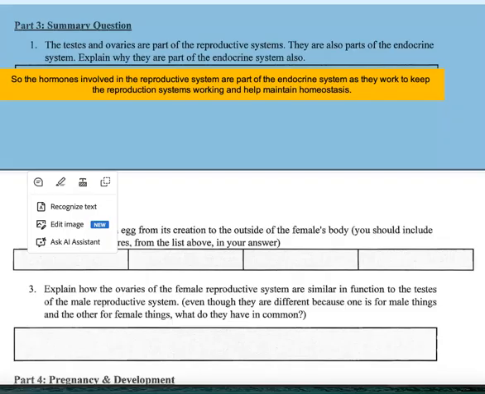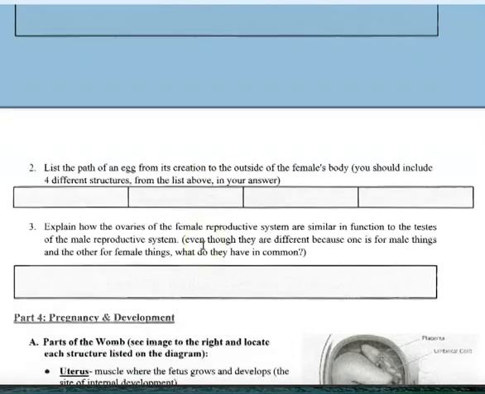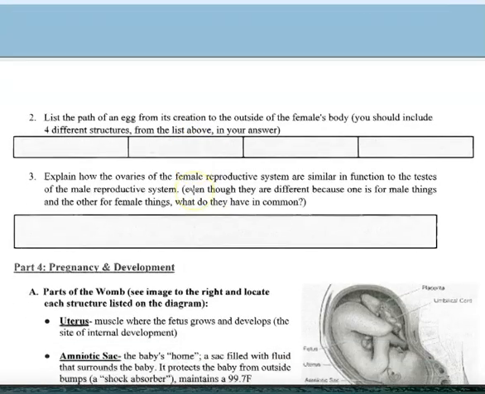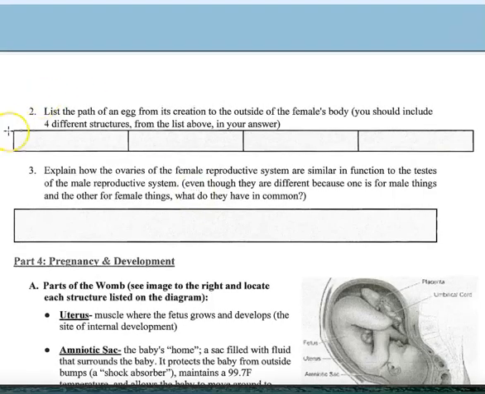The next question, what is going on here? I guess I have to erase it, so pause and get that down and then continue. There we go. It says, list the path of an egg from its creation to the outside of the female body. You should include 4 different structures.